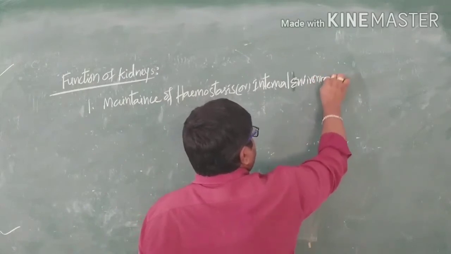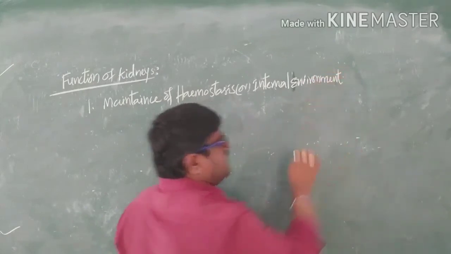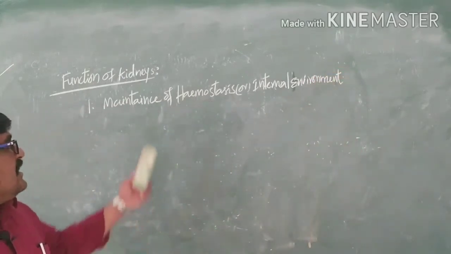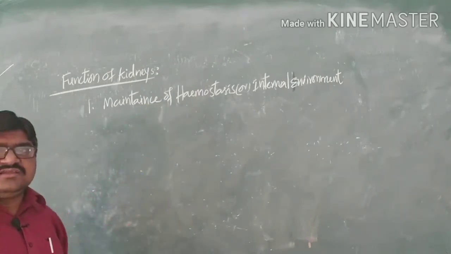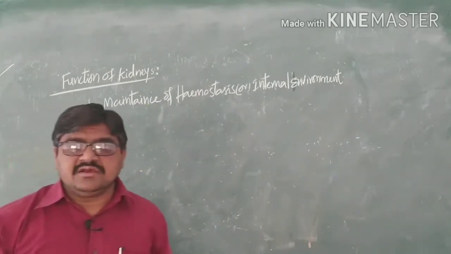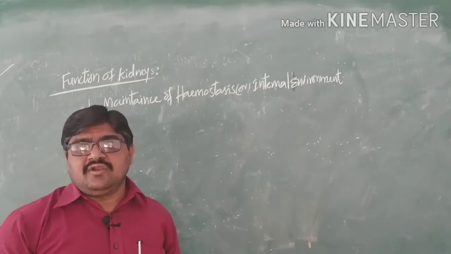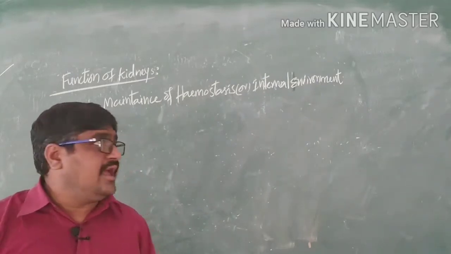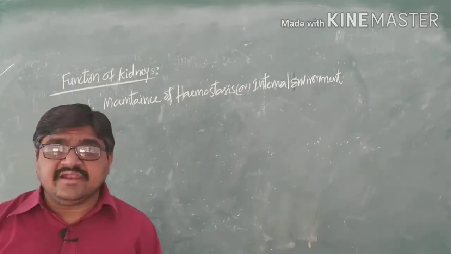It maintains a constant water balance in the body of an organism. So we can call it homeostasis or internal environment.